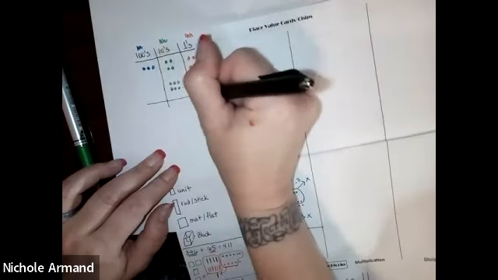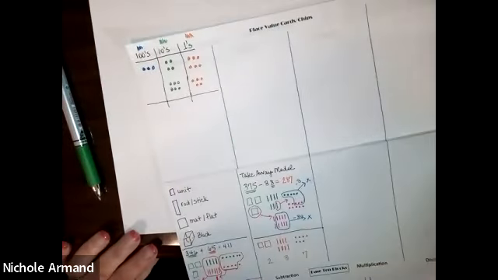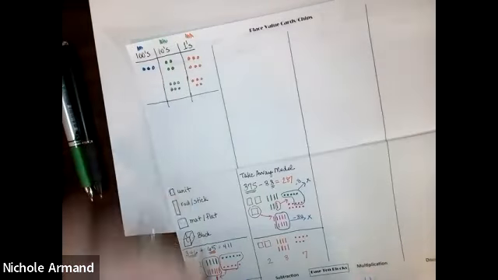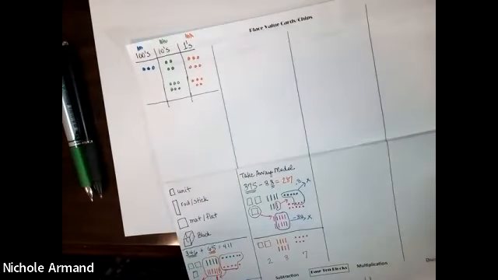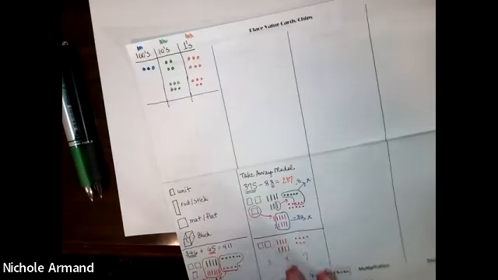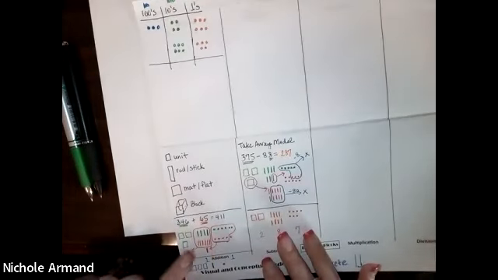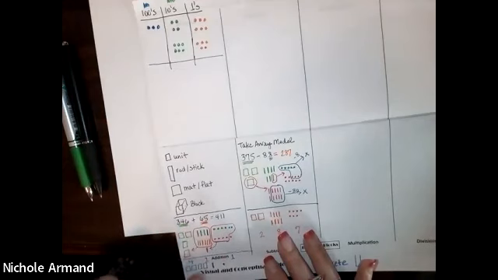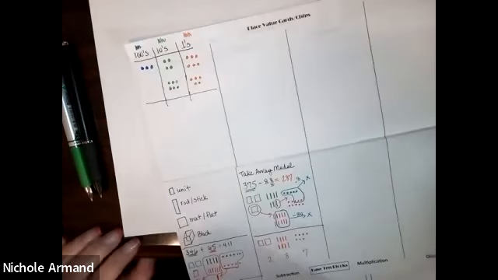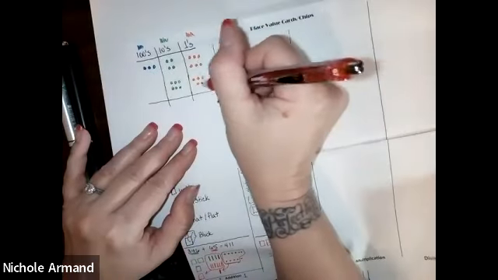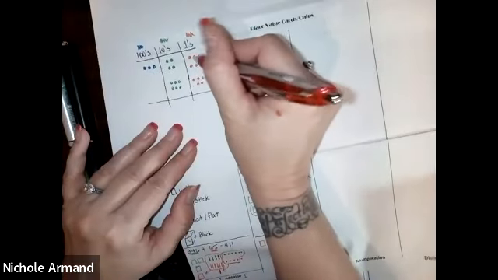So now I'm going to start looking for groups of 10. And on your paper, you have to do your best to show what the exchange looks like on paper instead of physically taking them away. But we have 1, 2, 3, 4, 5, 6, 7, 8, 9, 10.